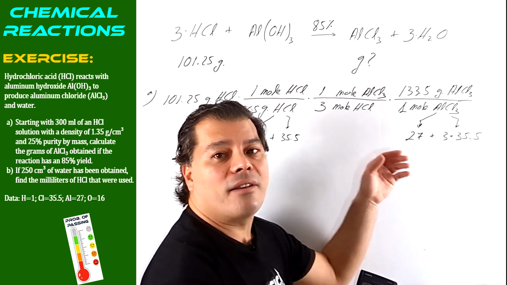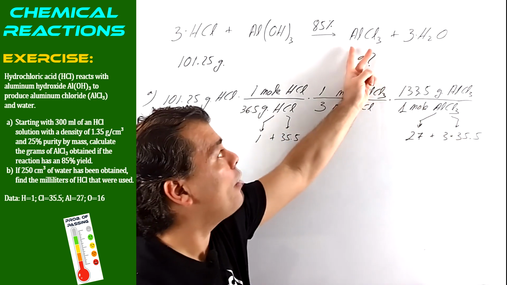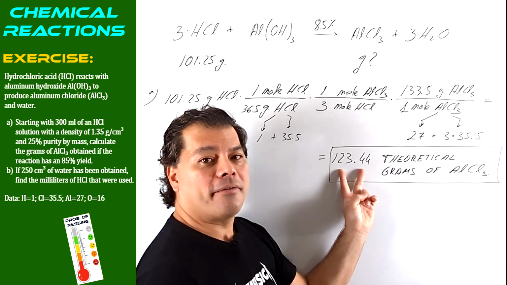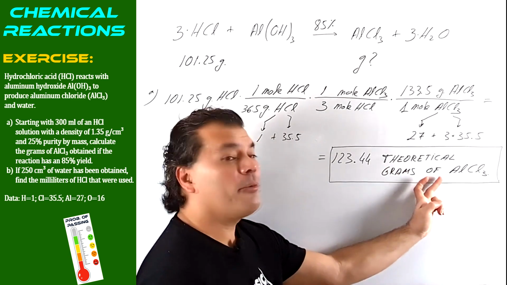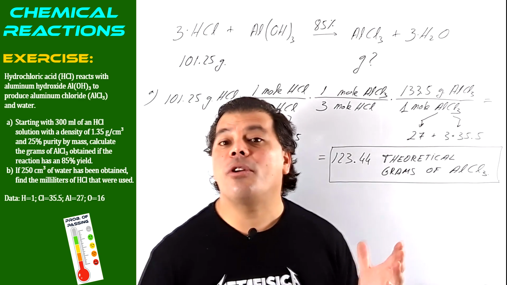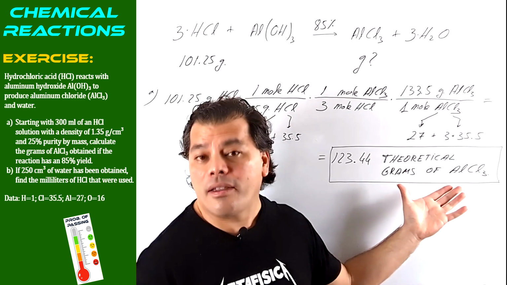Now let's use the calculator in order to know the theoretical grams of aluminum chloride that we would obtain. I hope you have obtained 123.44 theoretical grams of aluminum chloride. But what happens? That in reality we will always obtain less amount of this substance. And why is it so?